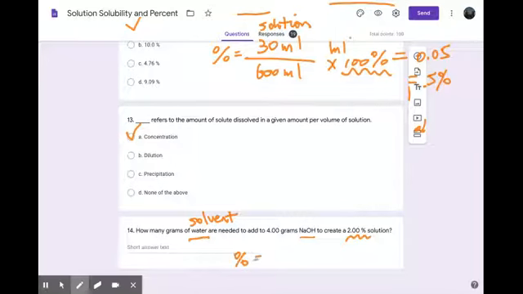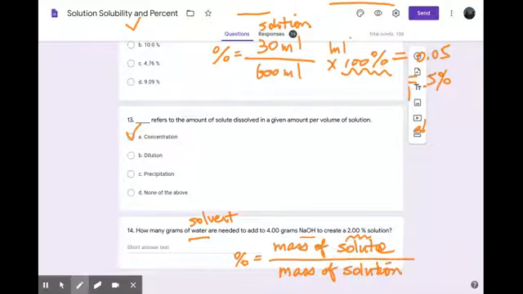Percentage is mass of solute over mass of solution. So what is solution? Solution is the entire thing. It's the mass of what you're dissolving plus the mass of what you're doing the dissolving with, right?